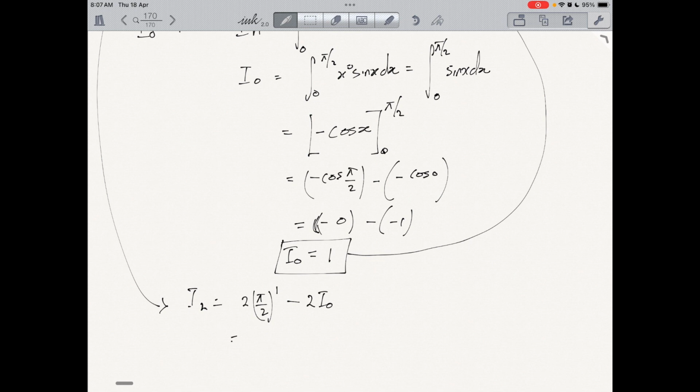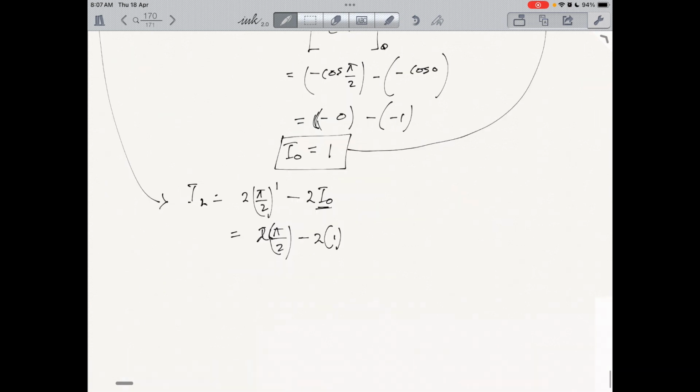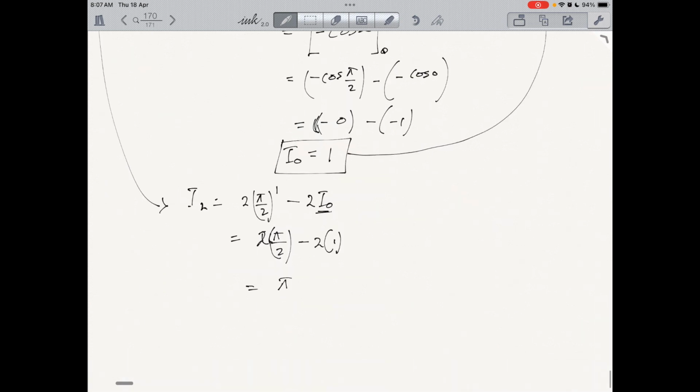Therefore, substituting I naught now, we'll have 2 pi over 2 minus 2 into 1. So this will give us pi minus 2. Now we have an expression for I2.